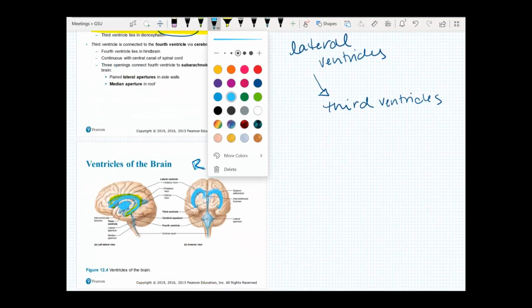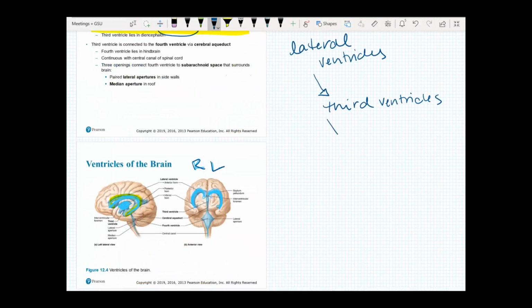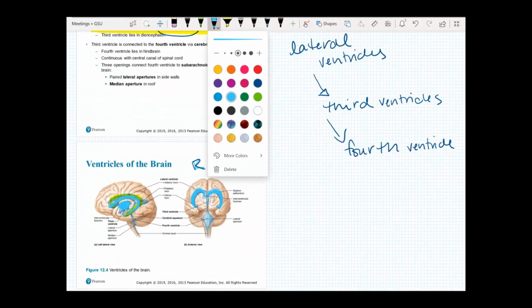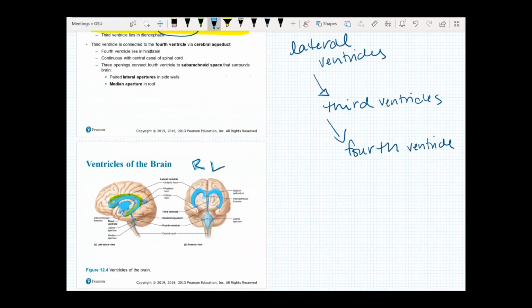From the third ventricle, it will then flow into the fourth ventricle. And the fourth ventricle is going to be the lower section of the brain. And that is going to be right here. And then after this fourth ventricle, it will then actually go two different directions.